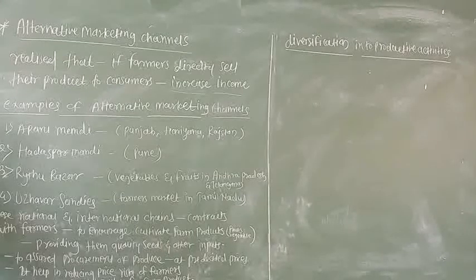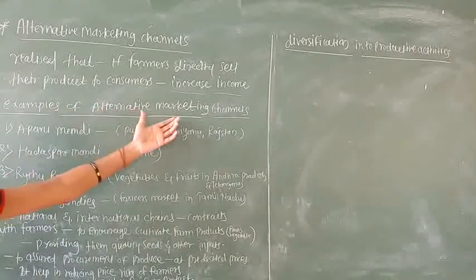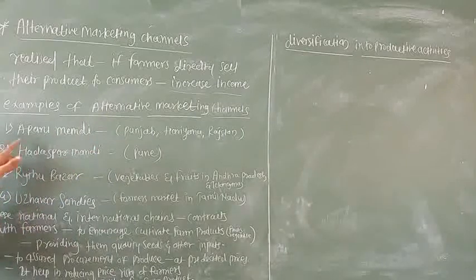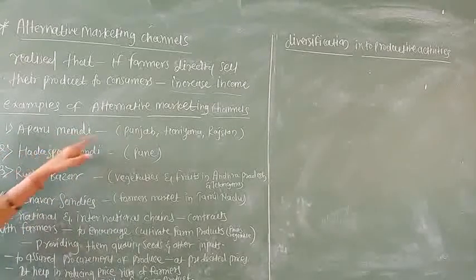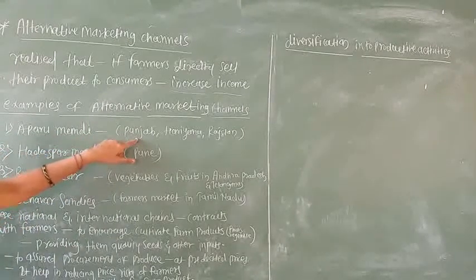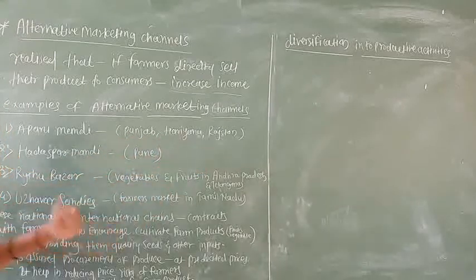So students, in your examination this question will be asked: give the examples of the alternative marketing channels. For 2 marks, when they ask this question, you should write the answer. The examples of the alternative marketing channels are, first one, Apni Mandi, in bracket you should write Punjab, Haryana and Rajasthan.